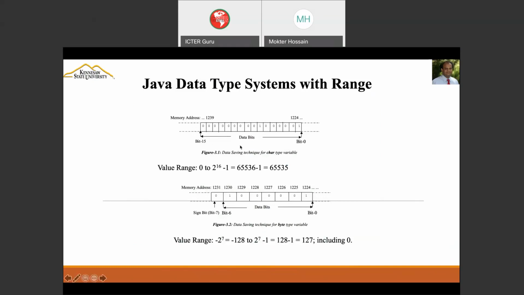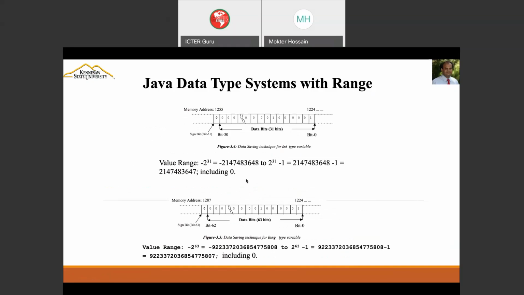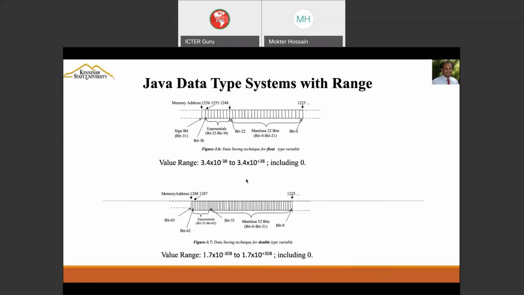The short type takes 2 bytes, the integer type takes 4 bytes, float types take 4 bytes, and double type takes 8 bytes.